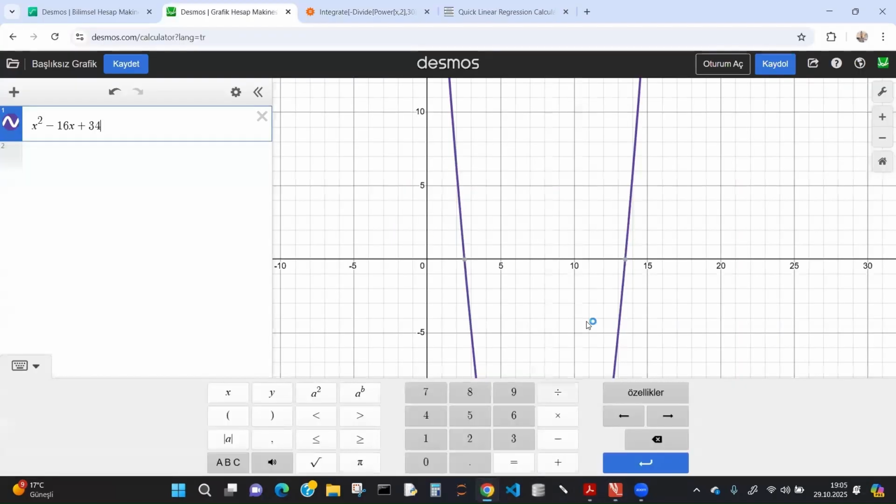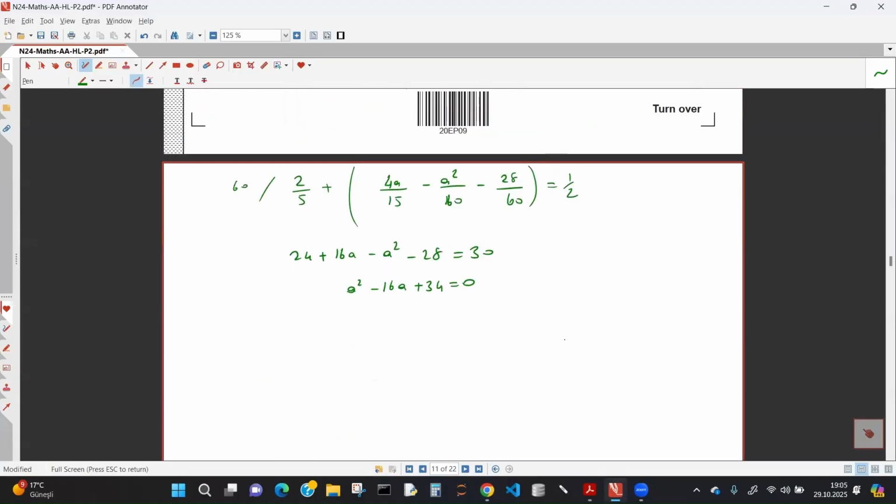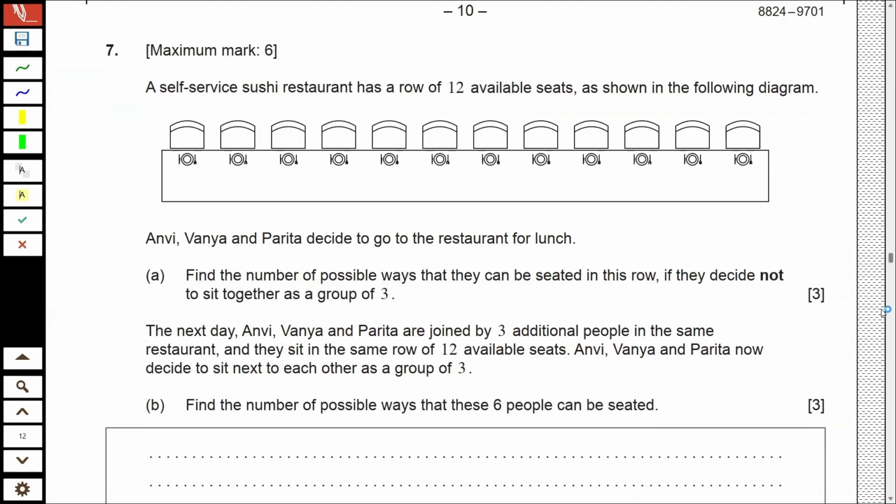The other solution is out of the range. So it is 2.52. A is 2.52.